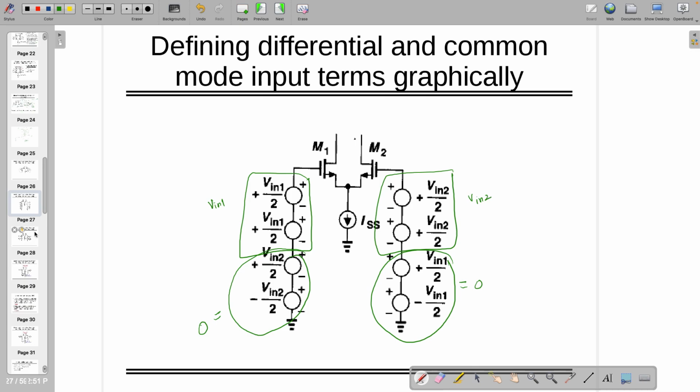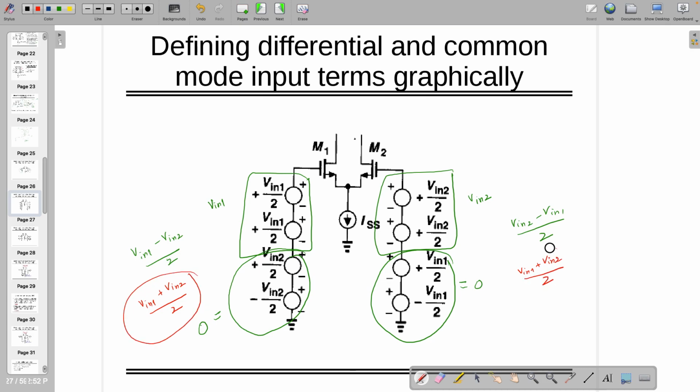There are two quantities coming out. One where two signals are going to be subtracted, like V in 1 minus V in 2 divided by 2. Here V in 2 minus V in 1 divided by 2, right? And another quantity which is coming here is V in 1 plus V in 2 by 2. And here also V in 1 plus V in 2 divided by 2.